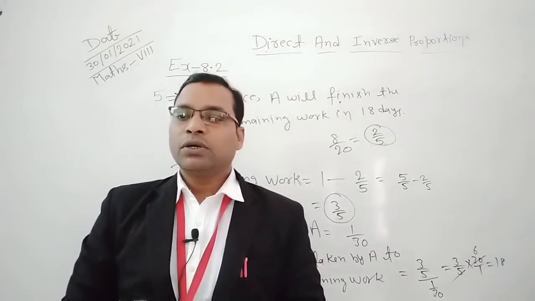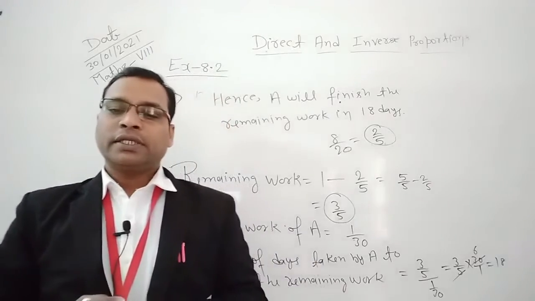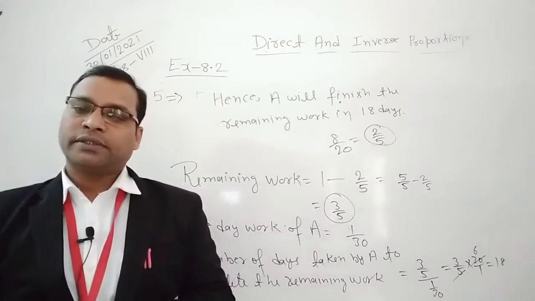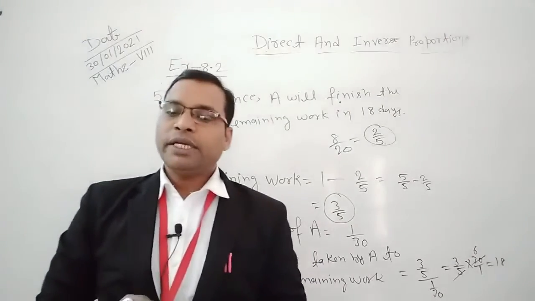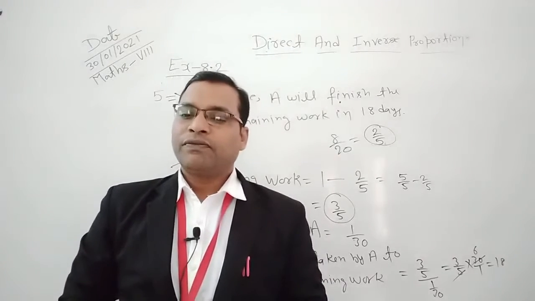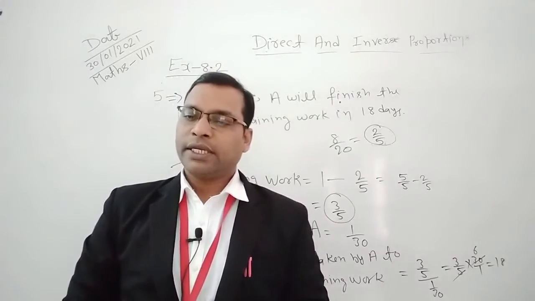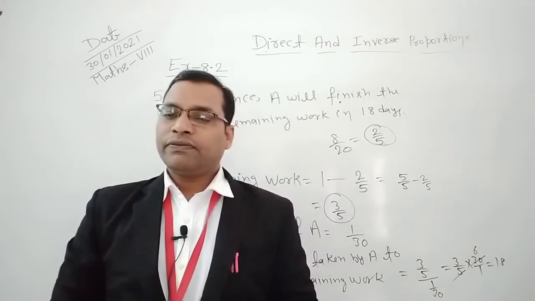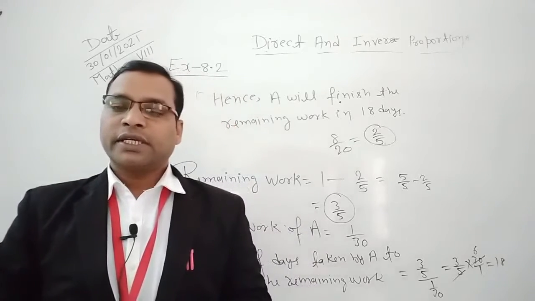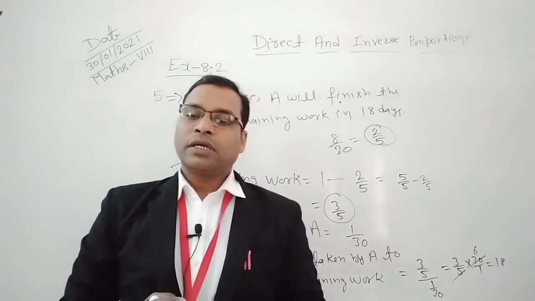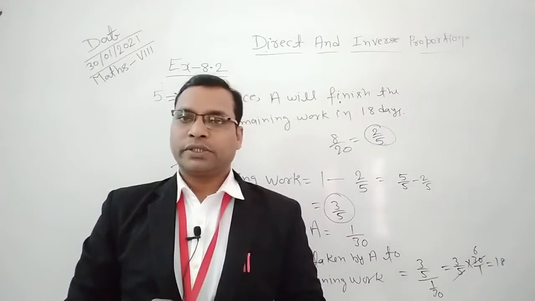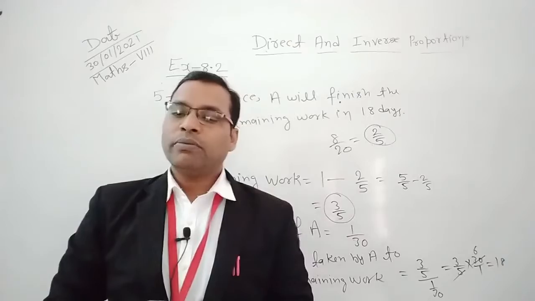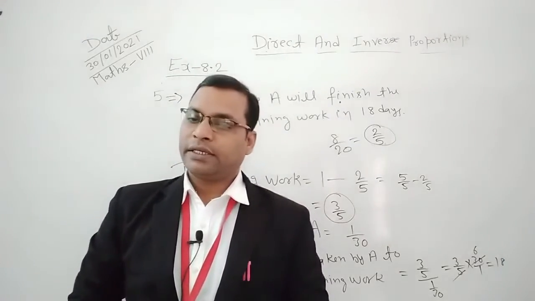They work together for 4 days, then A left the work. In how many days can B finish the remaining work? If the remuneration for the work is 1,000 rupees, how much amount would each get?